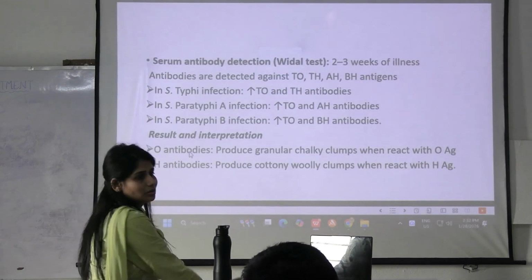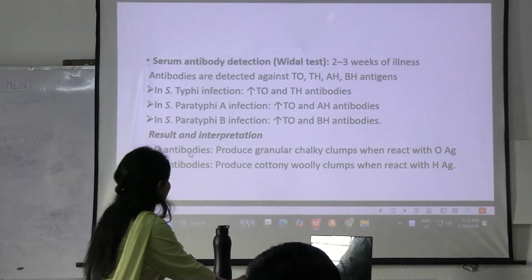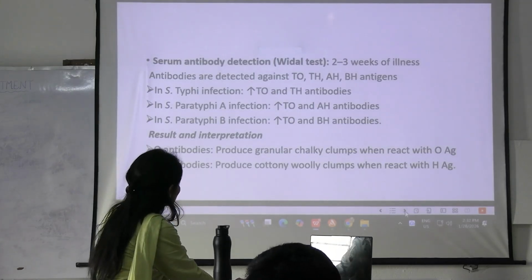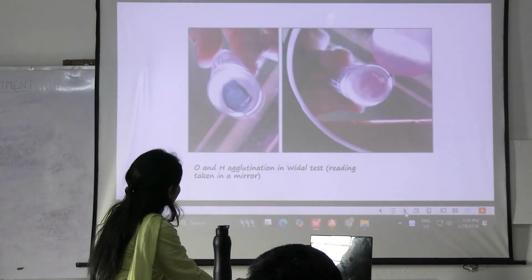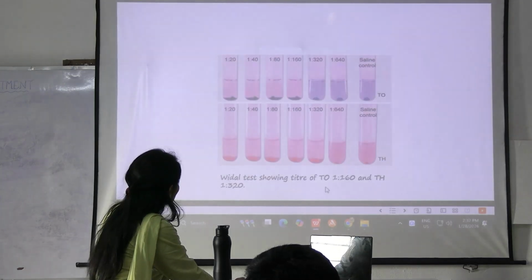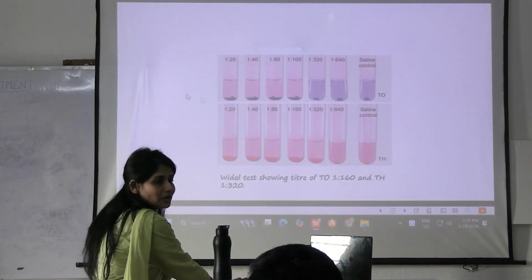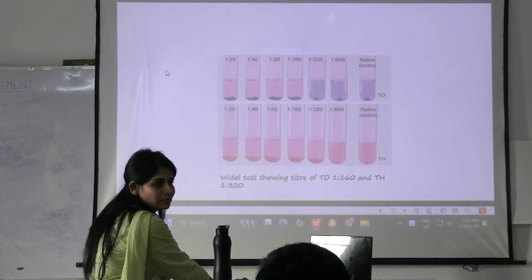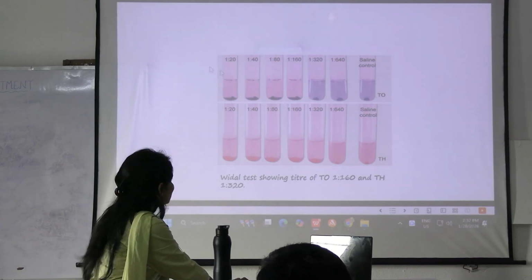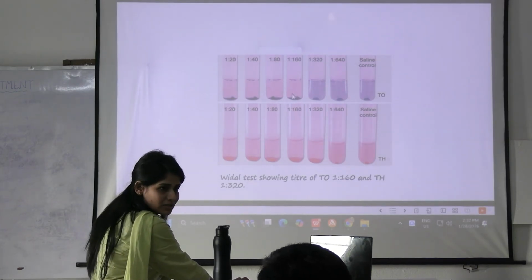Then how to read the result of Widal test? First thing, you have to take the patient's serum sample and dilute it. In these dilutions, we are adding antigen.